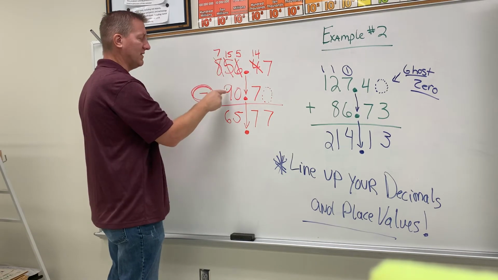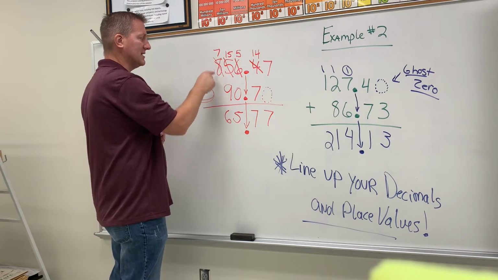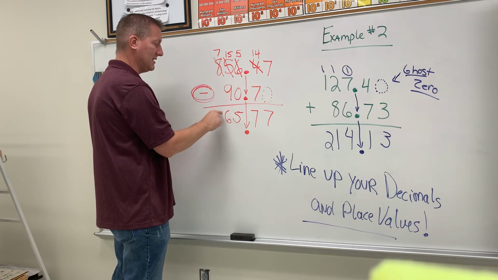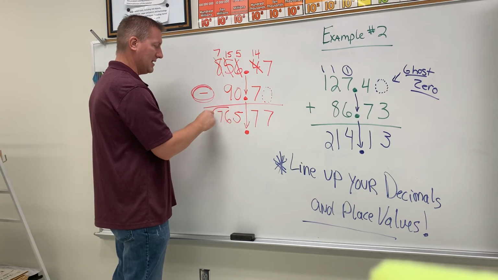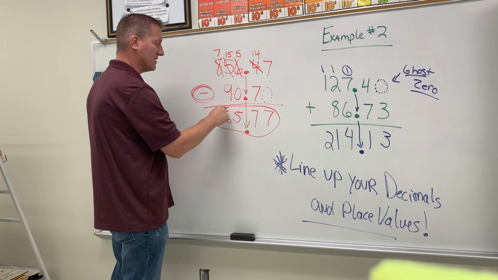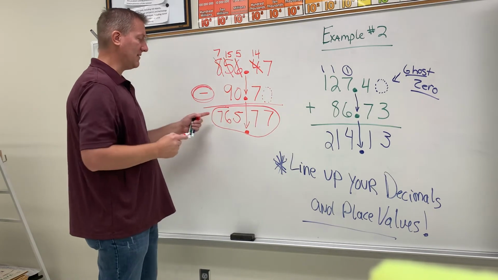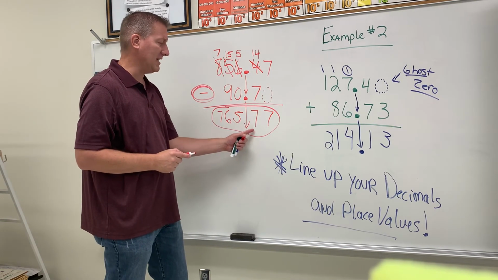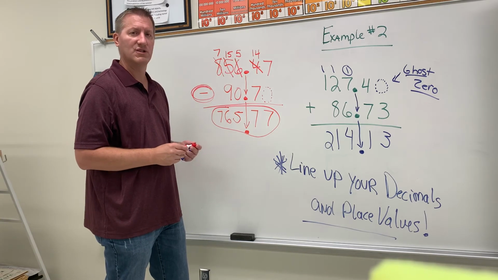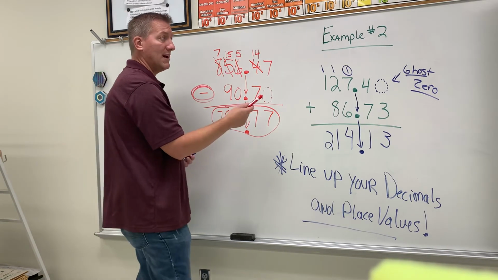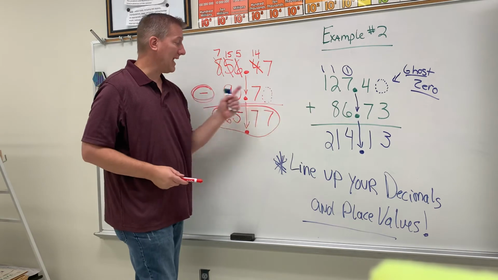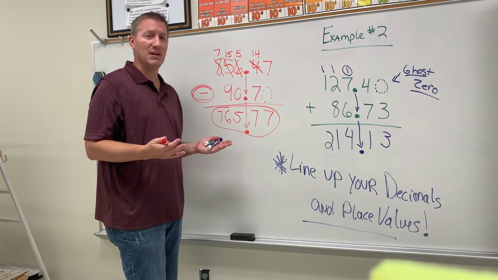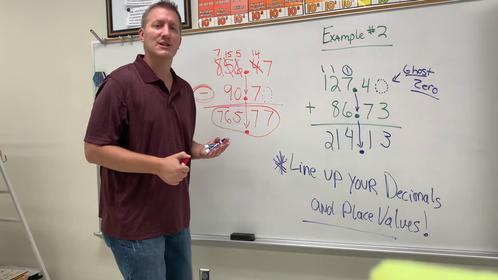That'll be 6. 15 minus 9 is 6. 7 minus nothing is 7. And this would be your answer. Okay, 765 and 77 hundredths.